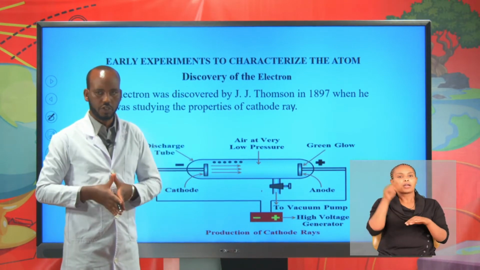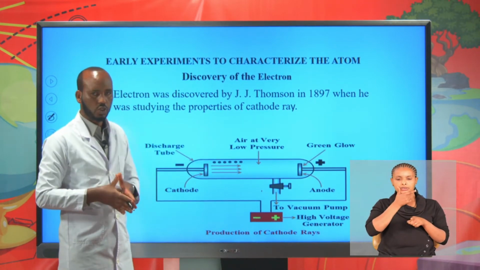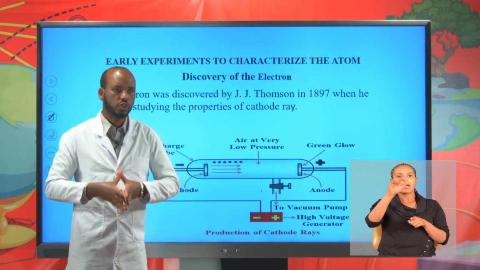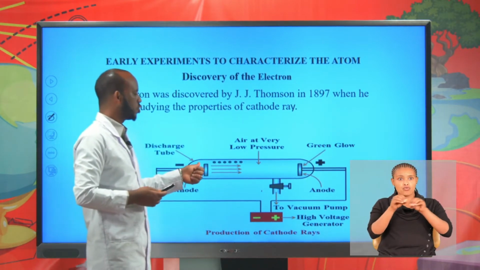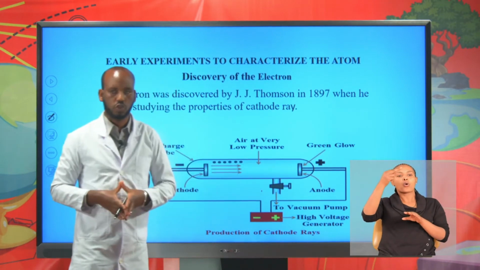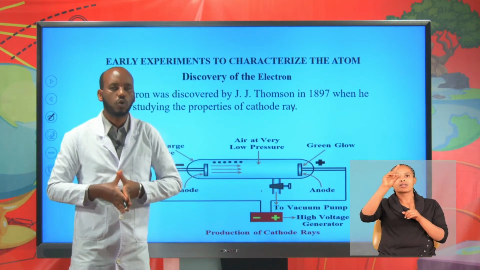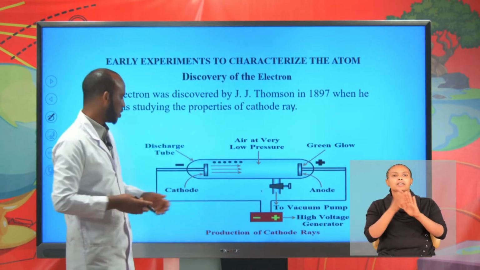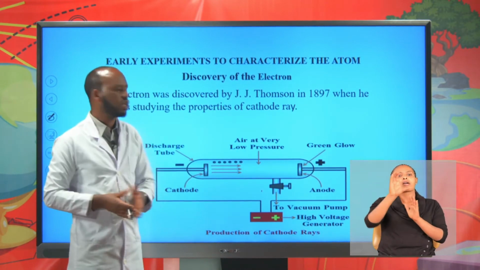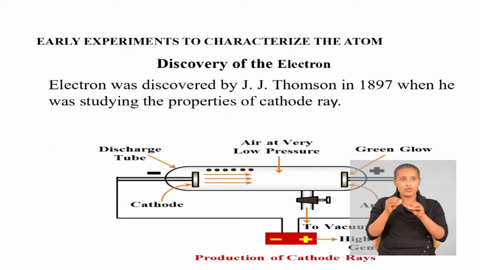Then he observed bundles of rays, streams of rays moving from the cathode toward the anode. He called them cathode rays because these rays emanated from the cathode and moved towards the anode.